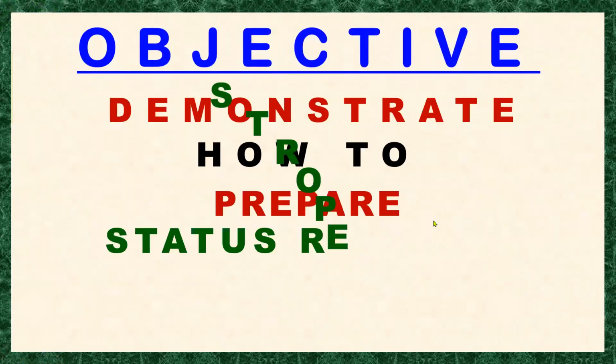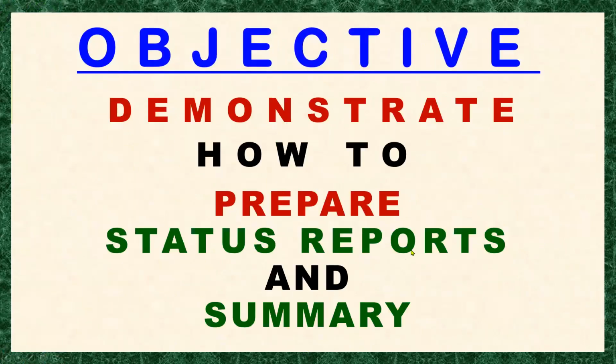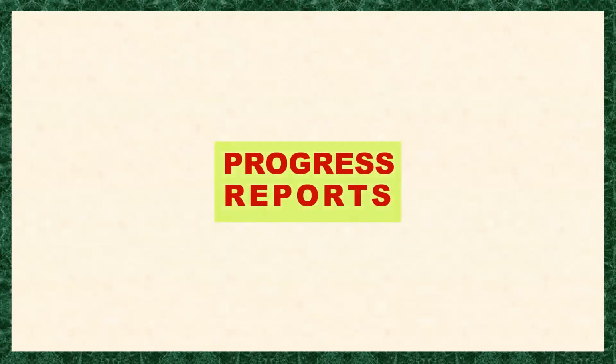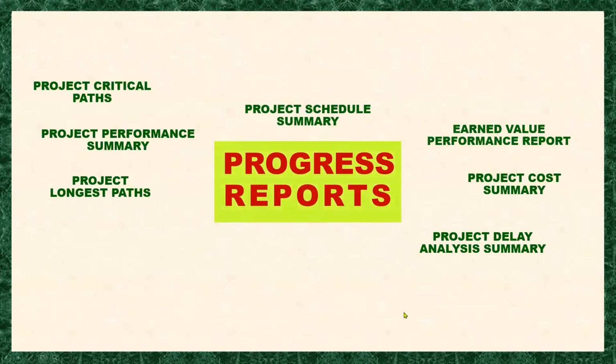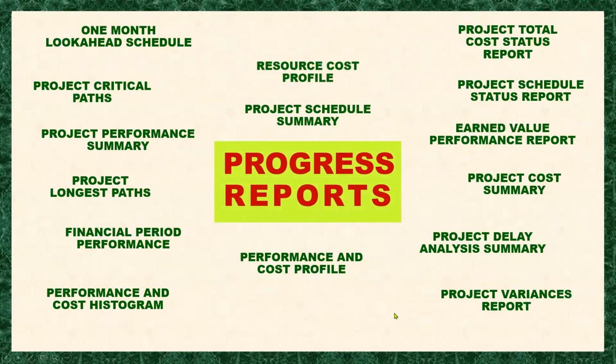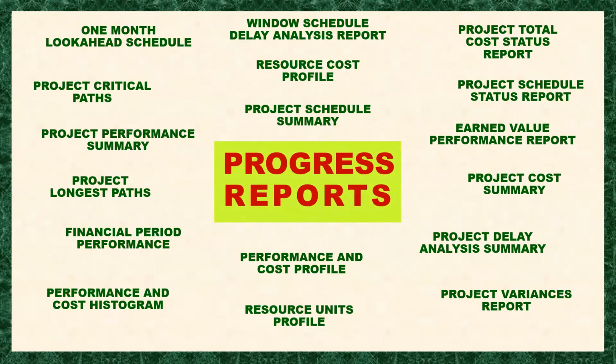Our objective here is to demonstrate how to prepare status reports and a summary. Okay, moving forward. Here are the progress reports that we need to generate for our periodic reports.